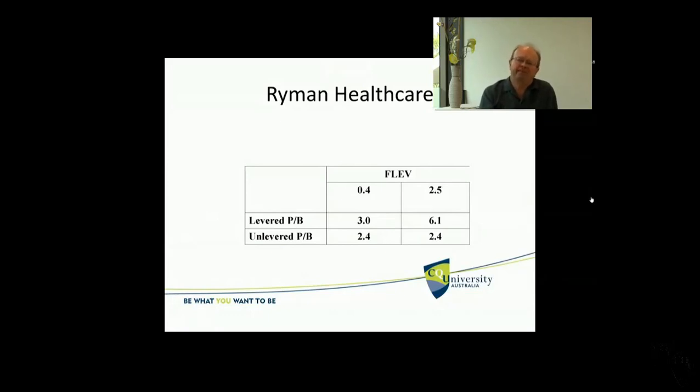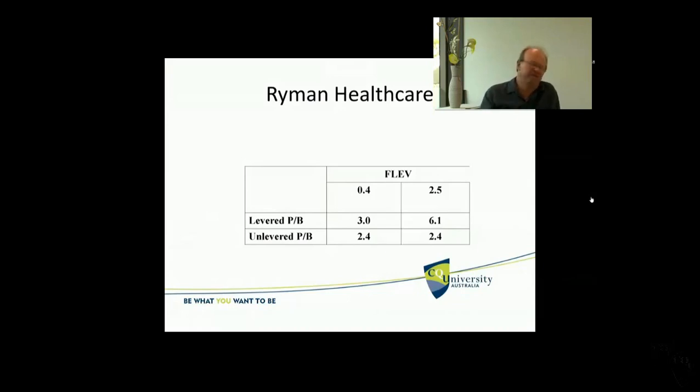Now, Ryman Healthcare: if its financial leverage is 0.4, then its levered price to book, based on the calculations I made, is 3, and the unlevered price to book is 2.4.